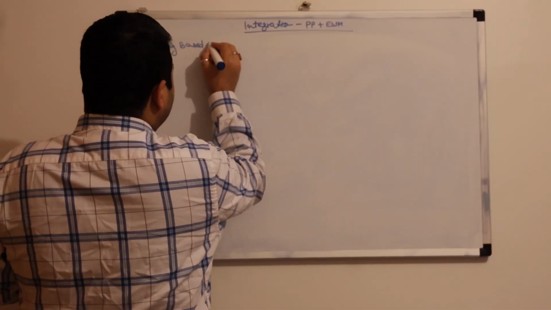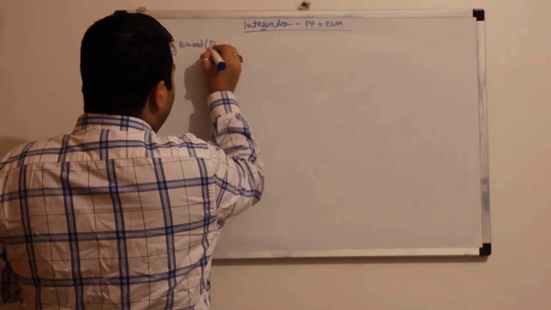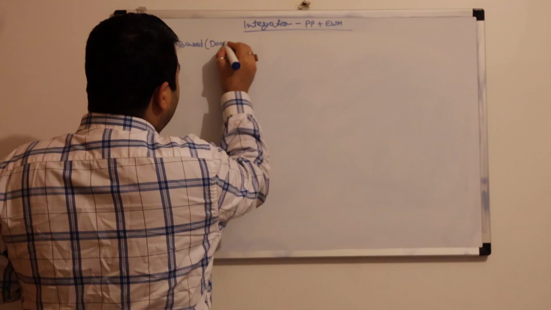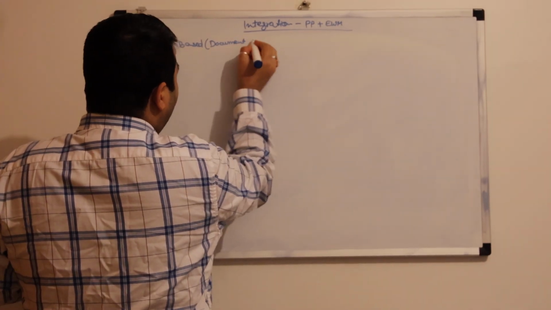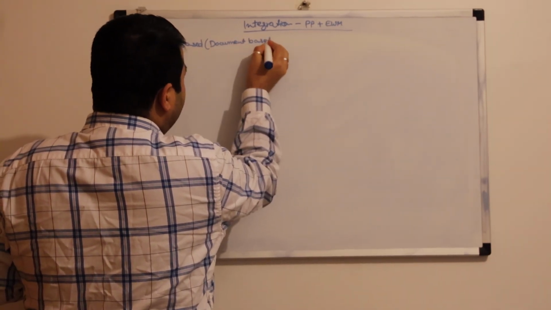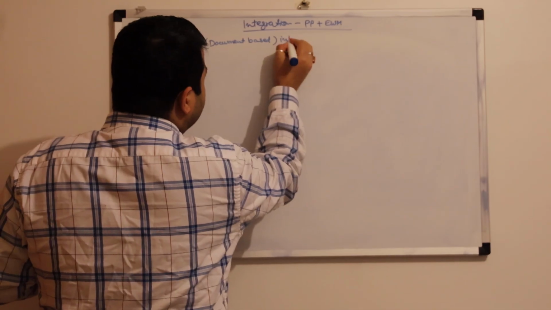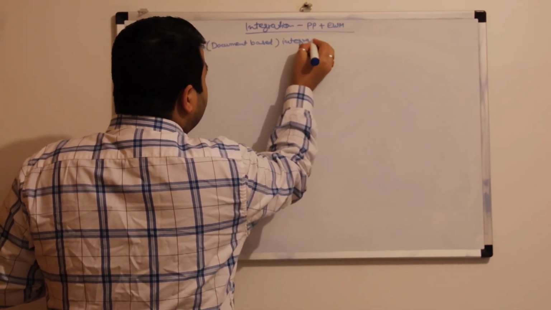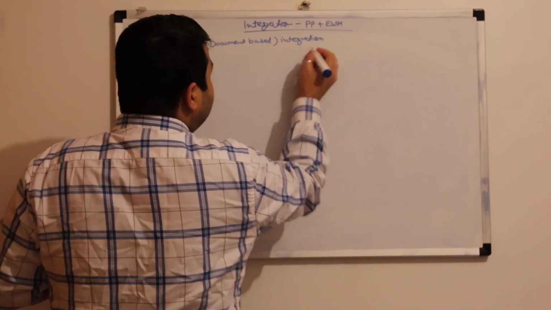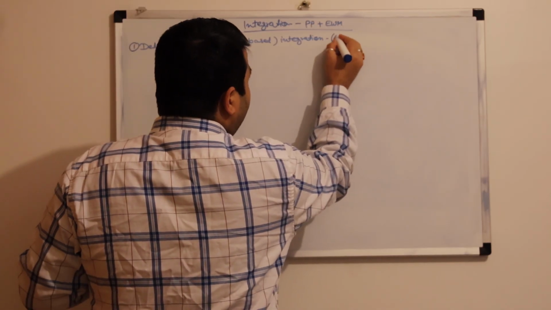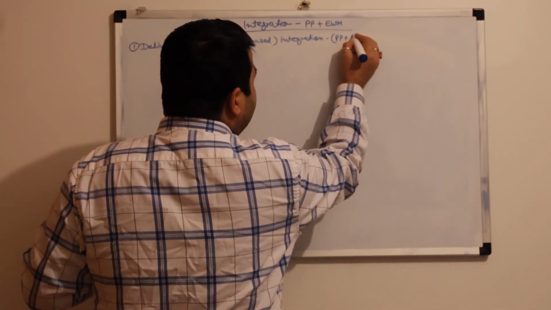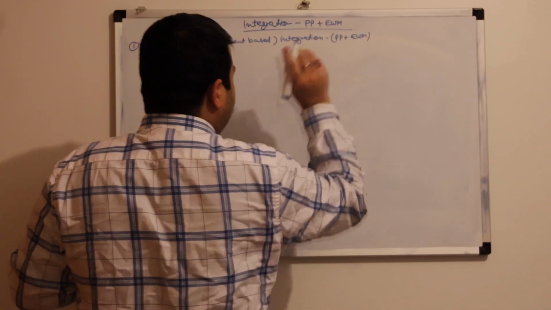Delivery based. Here, in the bracket, I will put document based integration. Integration with whom? Production planning plus EWM. Simple.